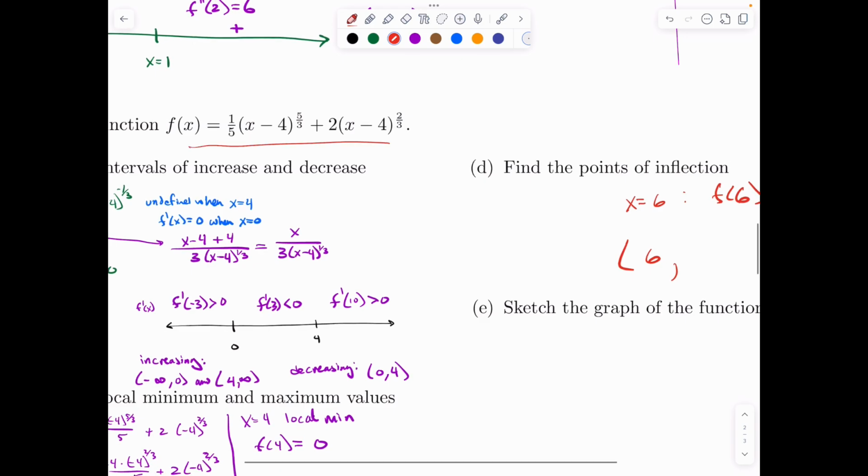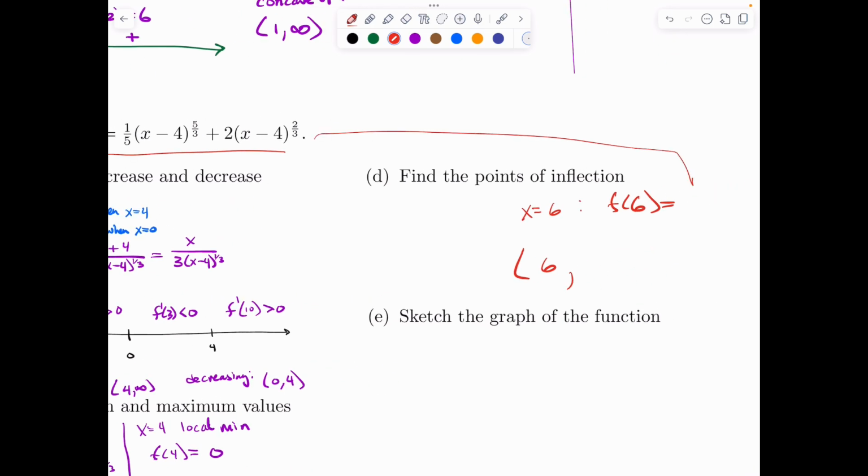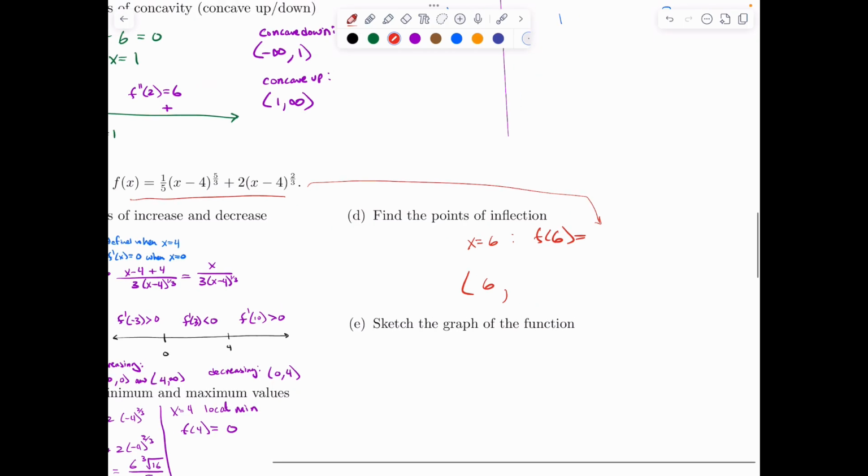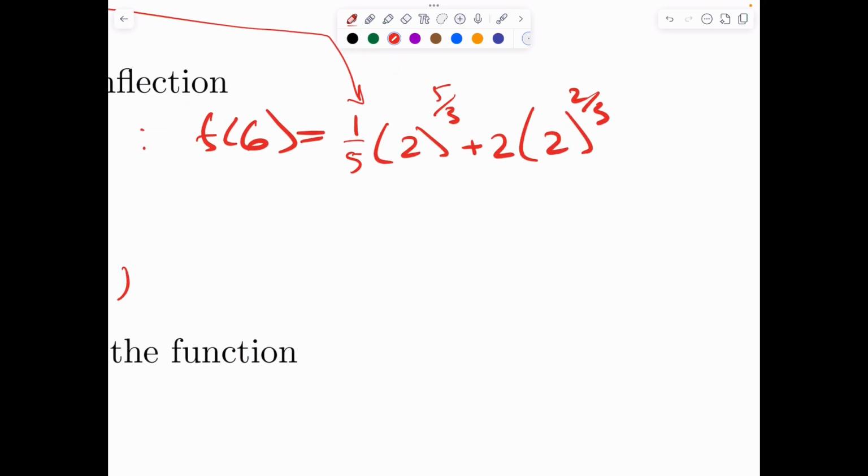Here's the function itself. I'm going to stick that over here. So let's see, it's going to be 1/5 times 2 to the 5/3 plus 2 times 2 to the 2/3. Okay, that feels better to me. It just wasn't working out before. So this will be 1/5 times 2 to the 2/3 times 2 to the 3/3, and 2 to the 3/3 is 2.